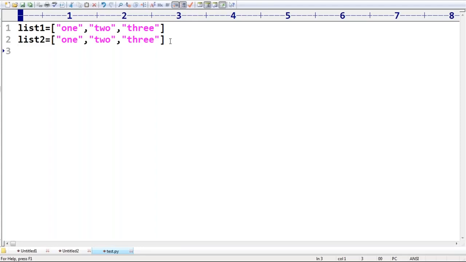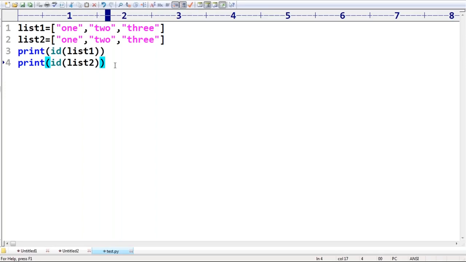That's why, sir, if I print the ID of list1 and the ID of list2, can you please tell whether both have the same address or different addresses? Different address, because in the case of lists there is no such terminology of reusing the same object.